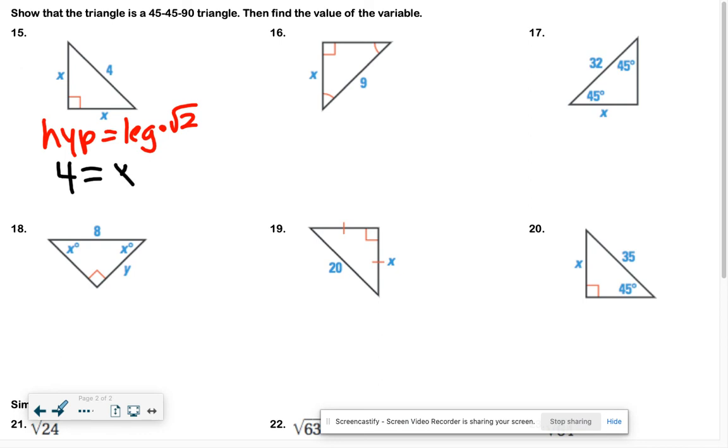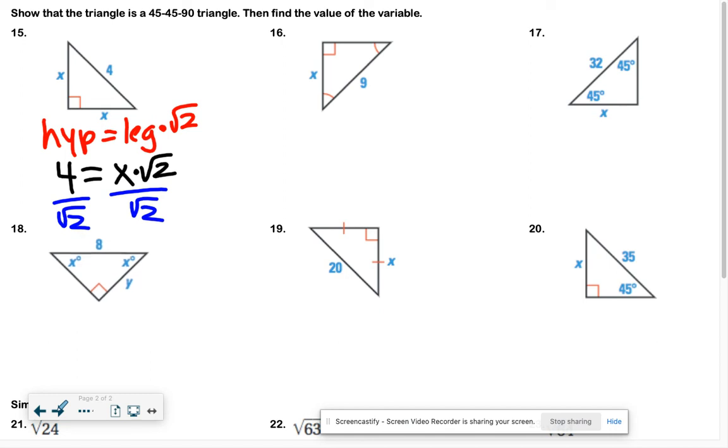X. Now how do we get x by itself? We divide by square root of 2. So what do we get? 2.8. Done. So that's what you'll do for the next 5.